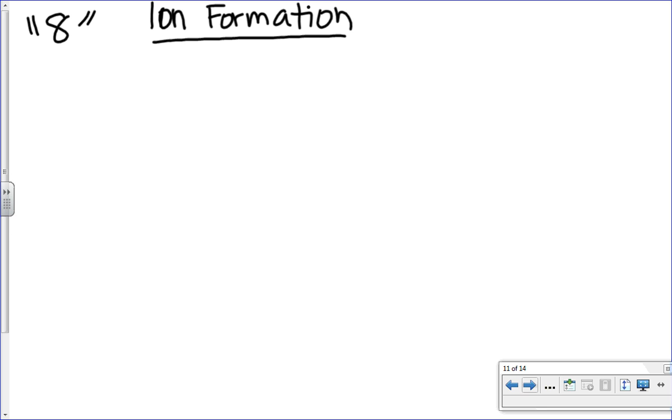So if we look at sodium, the metal sodium, how many protons does sodium have? 11. Good.